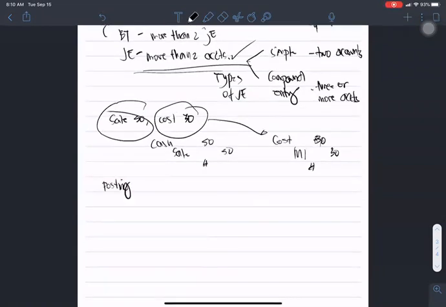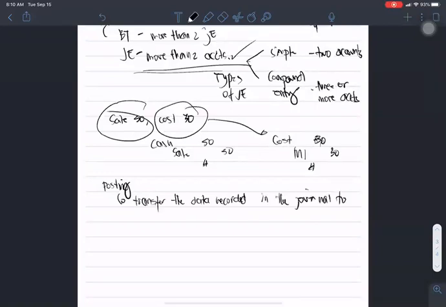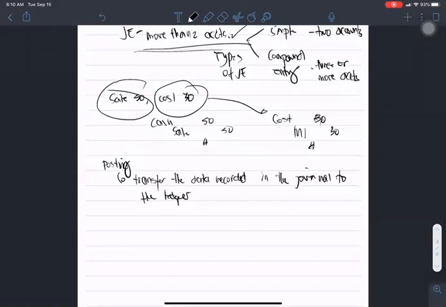So what is the process of posting? We said when we say posting, we are transferring the data recorded in the journal to the ledger. Under posting, we use this format, and we call it the three money column format.